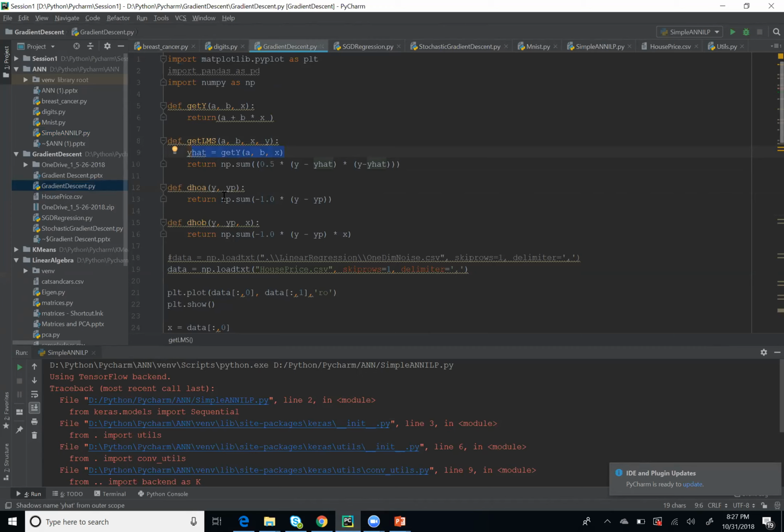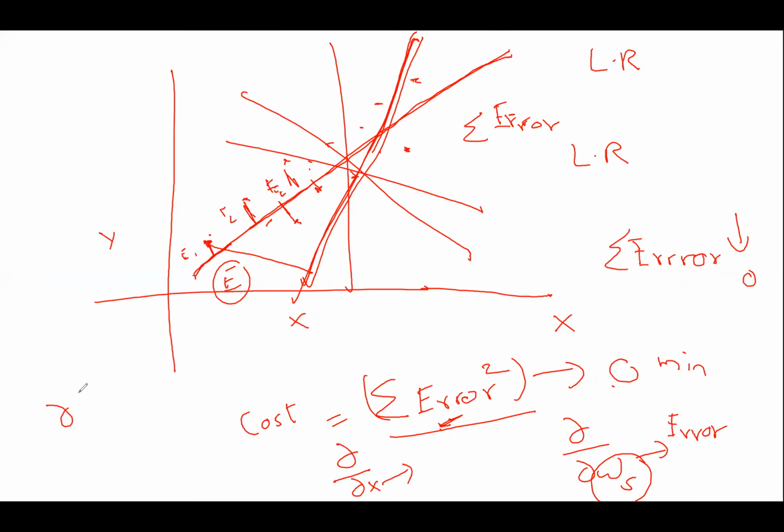And then you take the delta of A and delta of B. How do you do that? You're trying to find delta error with respect to A and delta error with respect to B. So let's say your predicted Y is AX plus B. What is your error function?